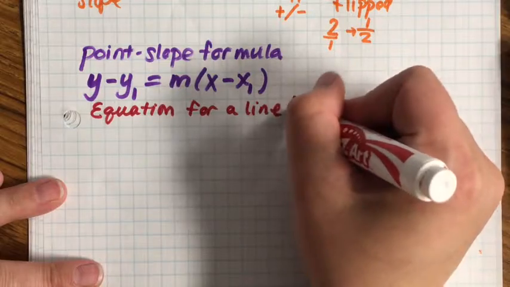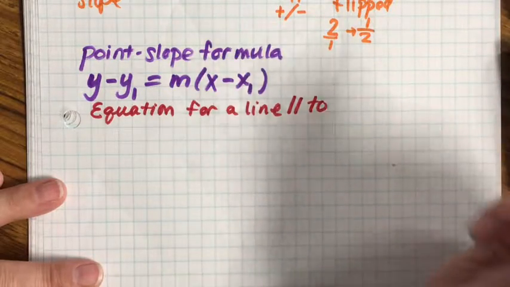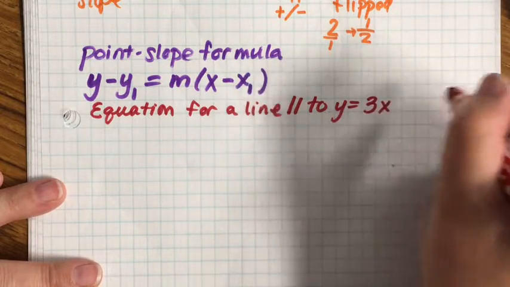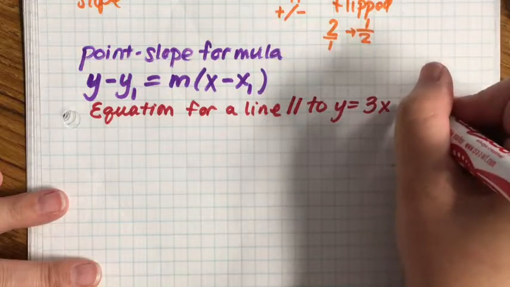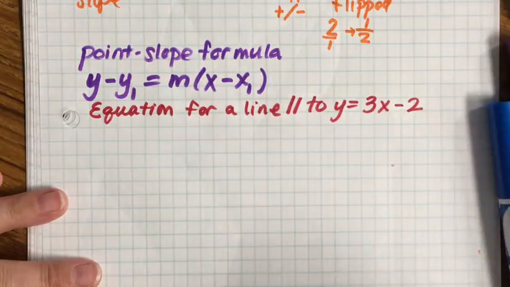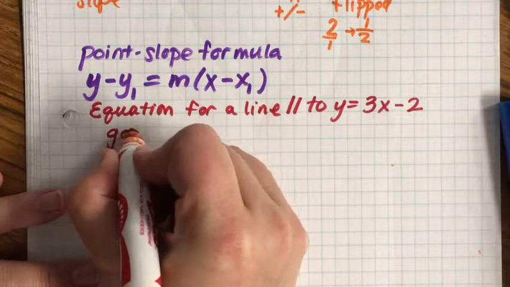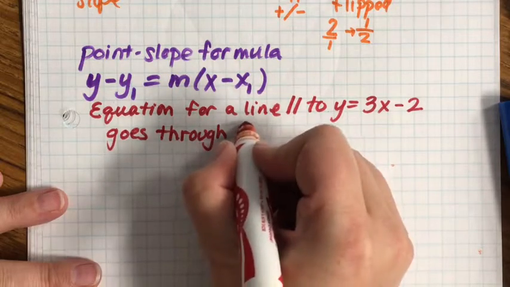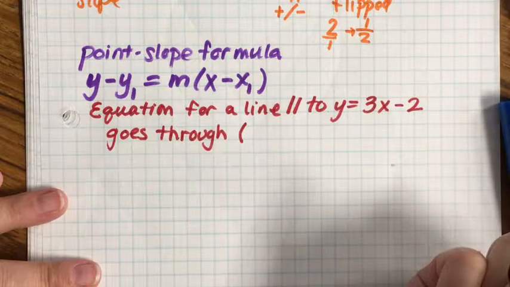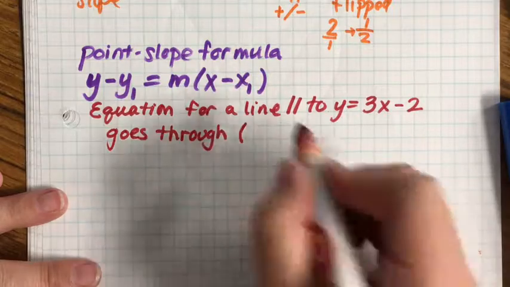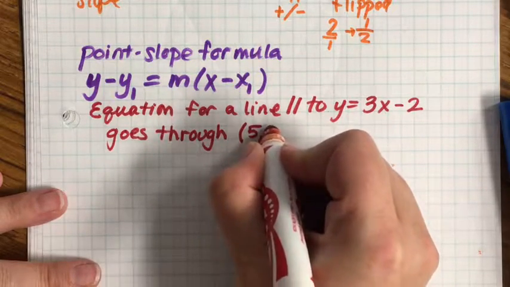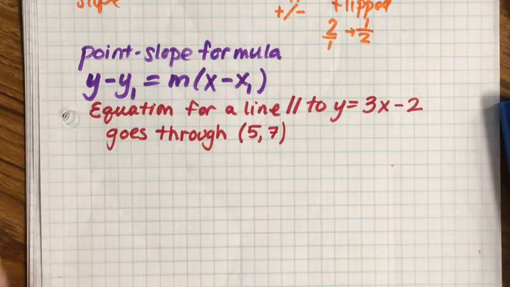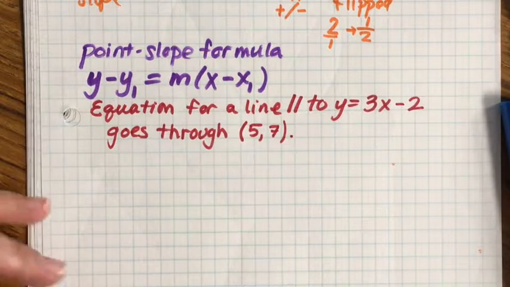Equation for a line parallel to y is equal to 3x minus 2 that goes through the point, and we will say the point 5, 7. Let me make sure that 5, 7 doesn't fit that one, or else it makes it weird. Nope, it doesn't. Okay. There you go. So they'll say directions like this.